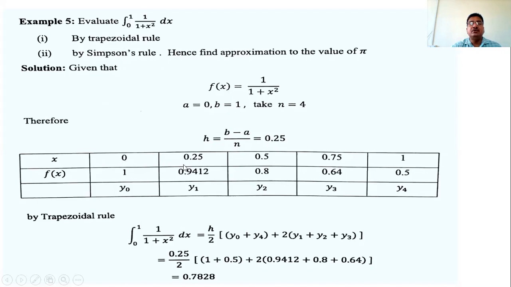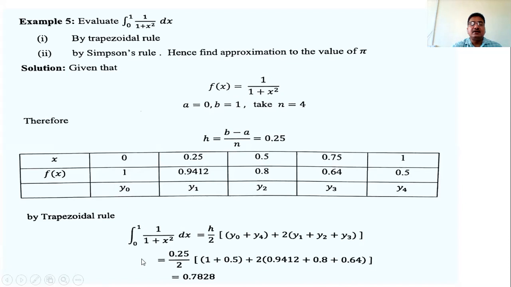So here is 0. Then add h, and the next values are obtained, and the corresponding values of f(x) or y are what? Substitute x is equal to 0, x is equal to 0.25, x is equal to 0.5, 0.75 and 1, and we get the values of f(x) or y. And these values are y0, y1, y2, y3, y4.